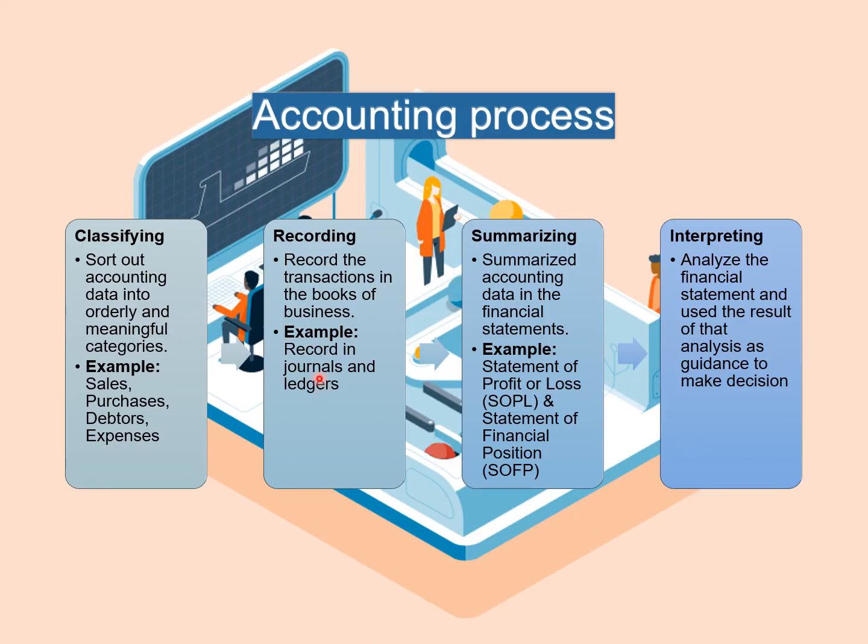So at the end of the month or at the end of the year, you akan totalkan semua. So you akan summarize the accounting data in the financial statements. And then when you summarize, you akan boleh keluarkan this data, which is the statement of profit or loss and also the statement of financial position. So yang ni akan kita akan go through bila kita dah start progress nanti.